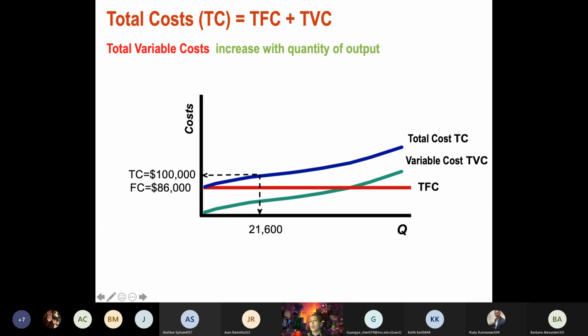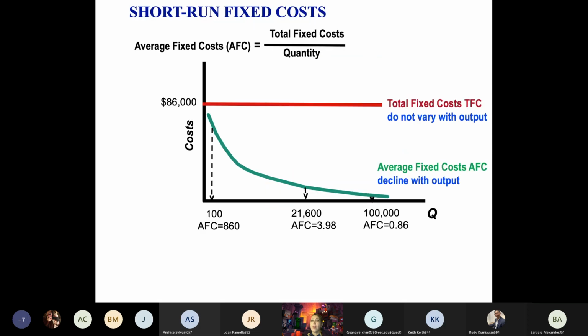But the total fixed cost really is not an interesting variable. We're going to be mostly working with average per unit costs. And we need to understand how per unit of output costs change.